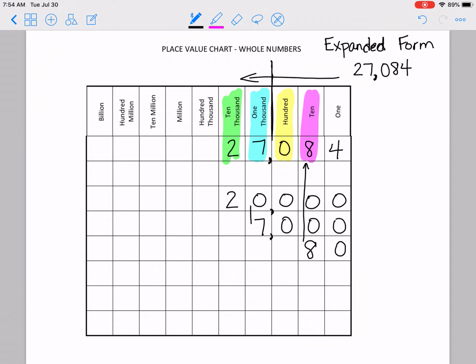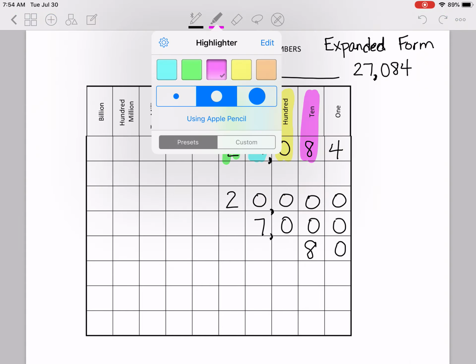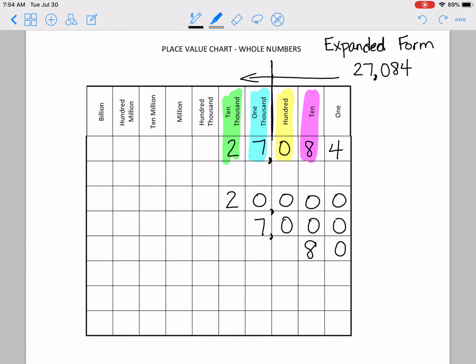My digit 7 lines up with this 7. My digit 2 lines up with this 2. Finally, I'm going to look at this last digit, the 4 in the ones place. So that just means I have 4 ones, or just 4. So I'm going to finally place that 4 in my ones place.